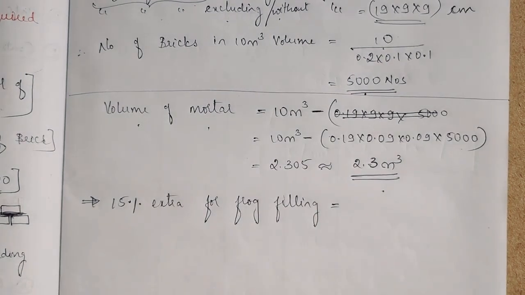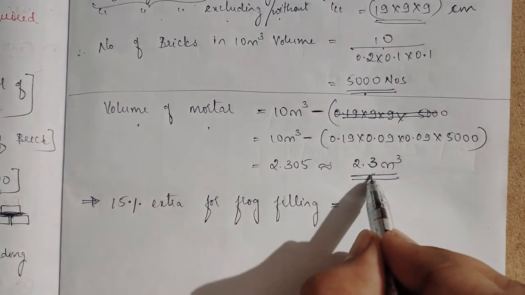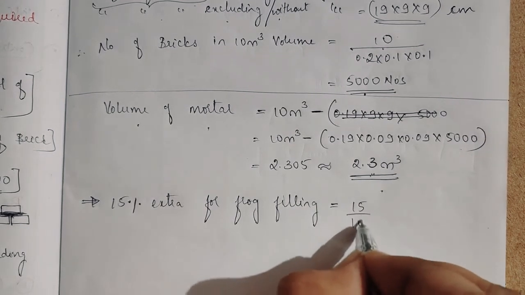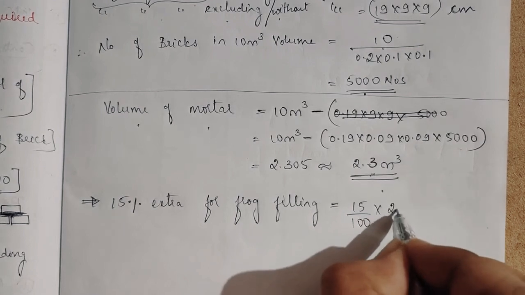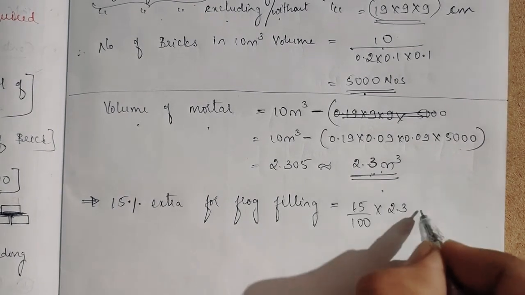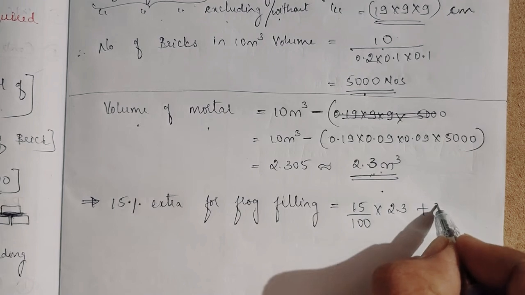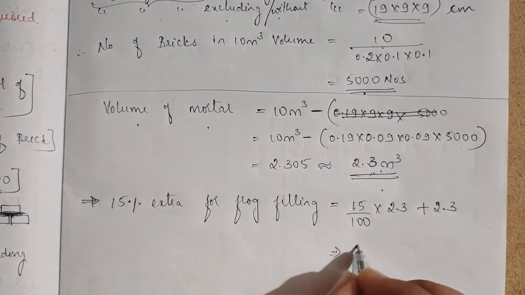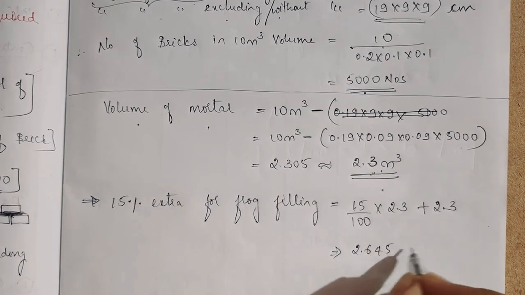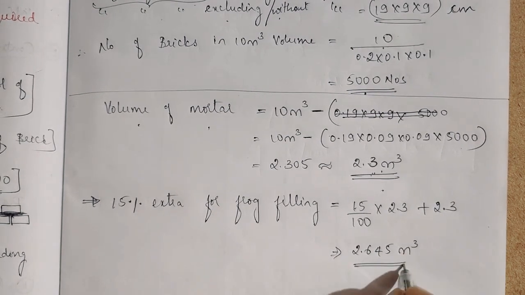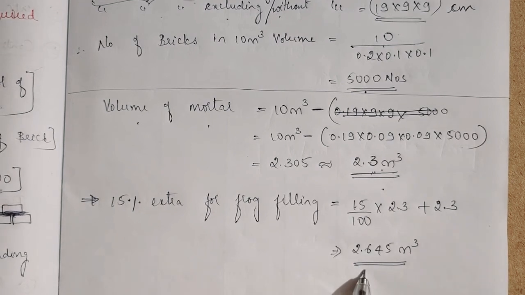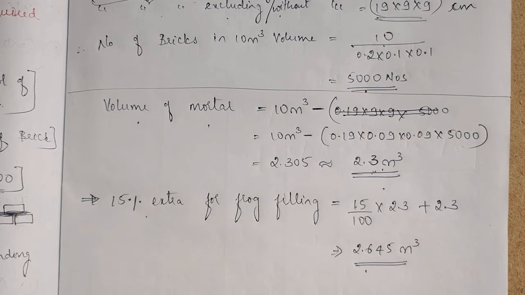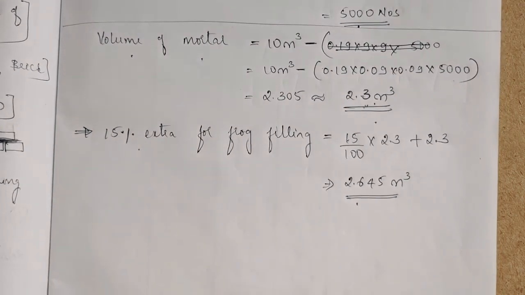To fill that, I'll take 15% extra to this volume: 15 by 100 into 2.3, and add it to the volume of the mortar. Now I'll get 2.645 meter cube. So this is the volume of the mortar with the 15% extra for frog filling.